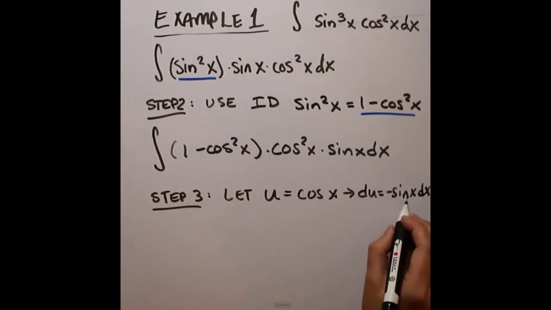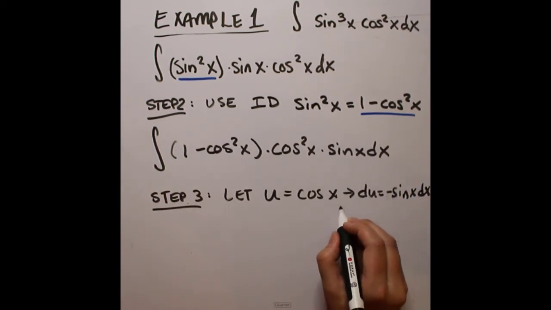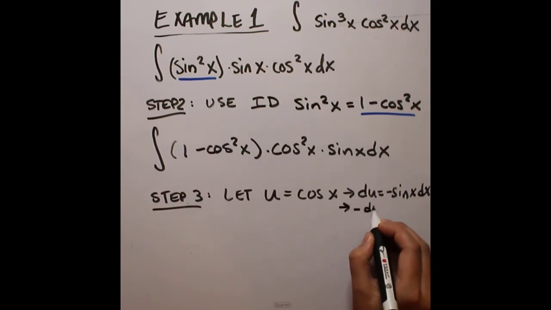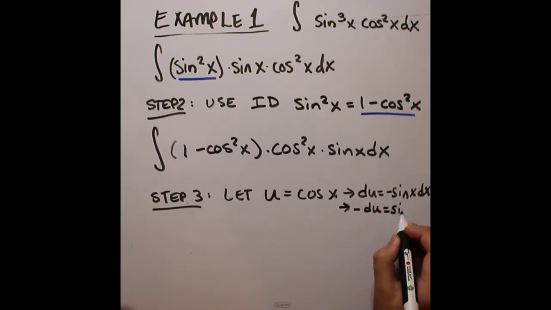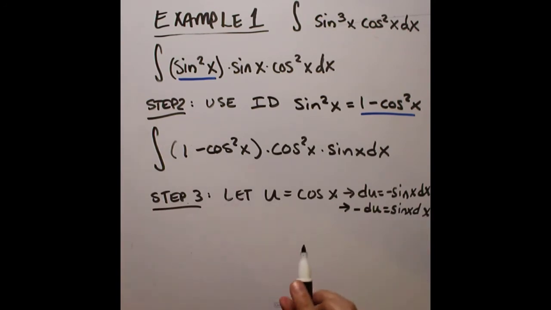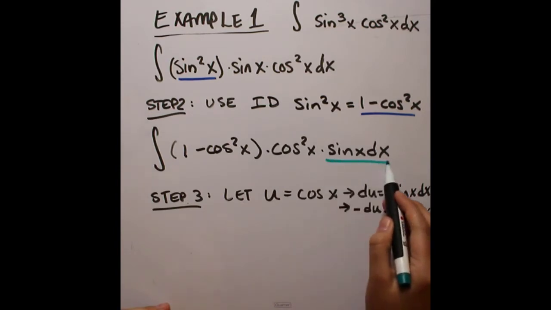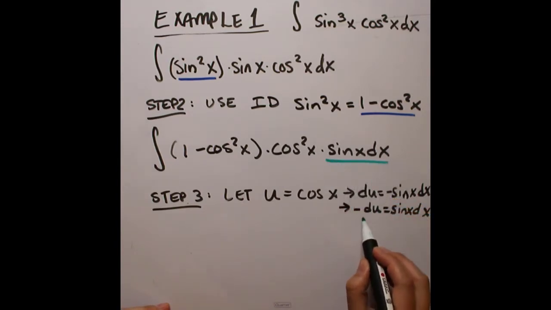And then let's just take this negative over. So we have negative du is sine x dx. And then we're going to substitute. And so let's just underline some stuff here. This right here in the back, this is now negative du.